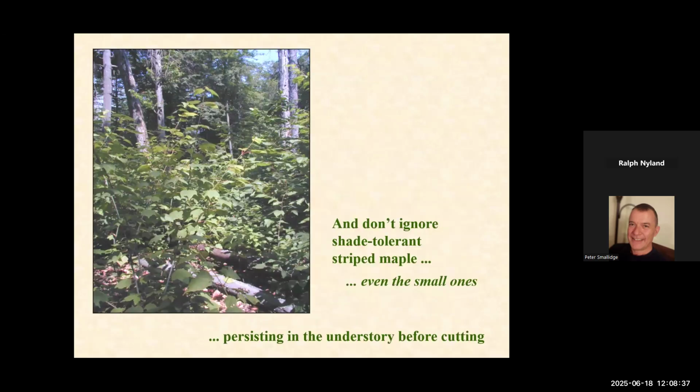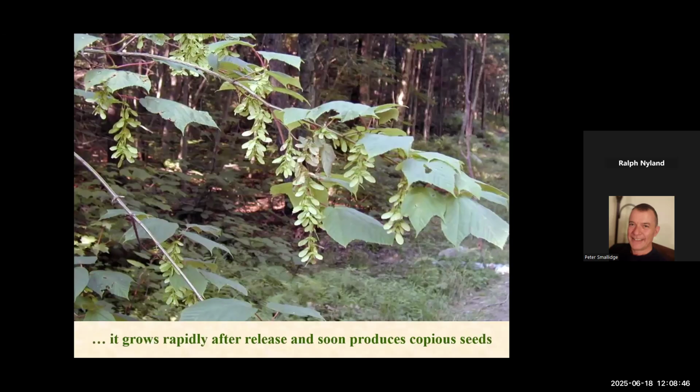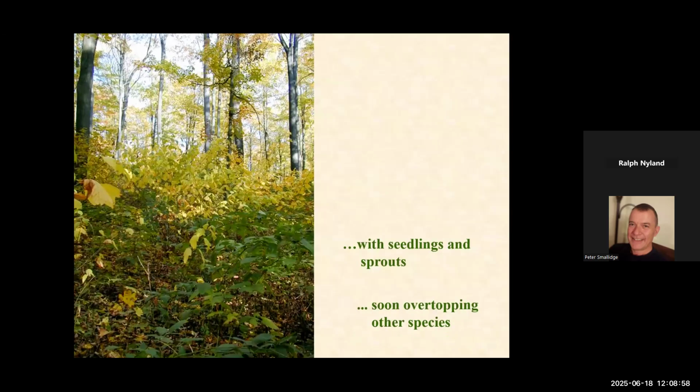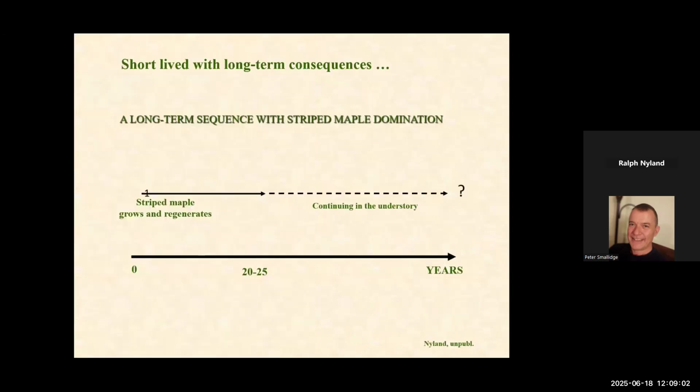Don't ignore the shade-tolerant striped maple. Even those cute little ones that you find in the understory, they persist in the understory before cutting. And once freed by some sort of overstory disturbance, they grow rapidly and release copious amounts of seeds onto the ground. And those seedlings sprout, soon overtopping other species of regeneration.